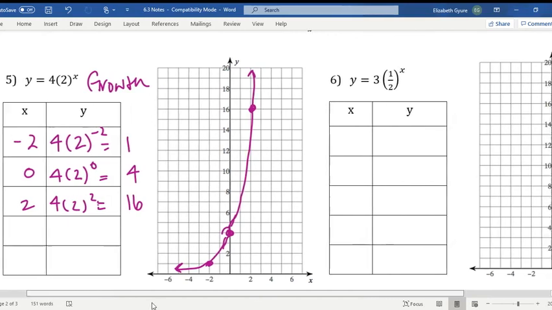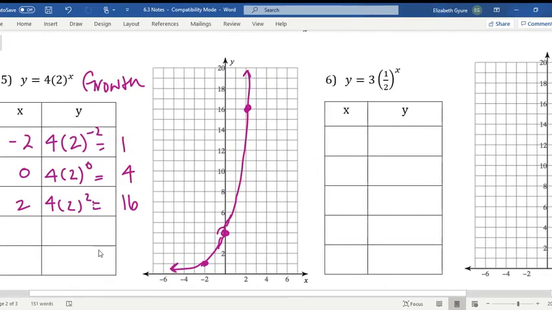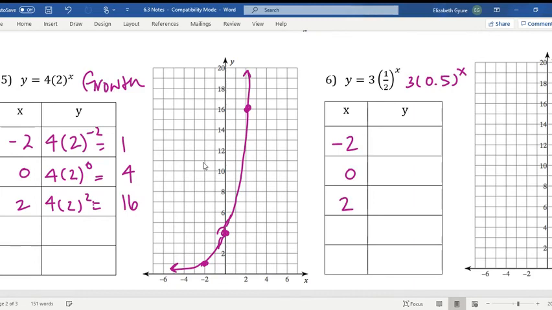And then last one. We have 3 and then 1/2 x. So we're going to change that 1/2 into a 0.5. So we're instead going to do 3 and then 0.5 to the x like this. And I'm going to plug in -2, 0, and 2 again. All right.